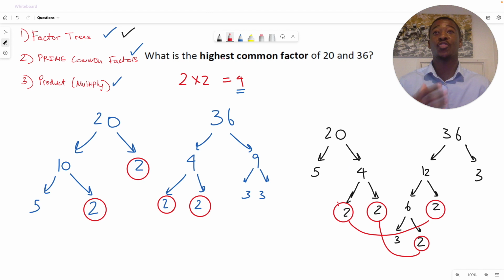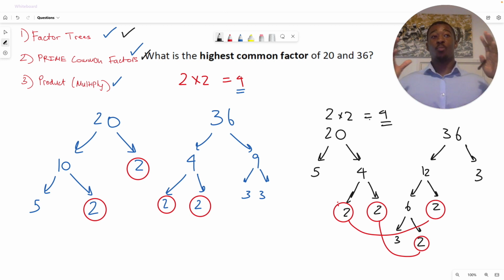Because when we do our third step, which is the product of those prime common factors, what do we get? 2 times 2, giving us 4. So no matter how you split up or break down the numbers using factor trees, if you do it correctly, using your factor pairs and times tables, you will come to the same highest common factor, which in this case is 4. Let's try one more example.